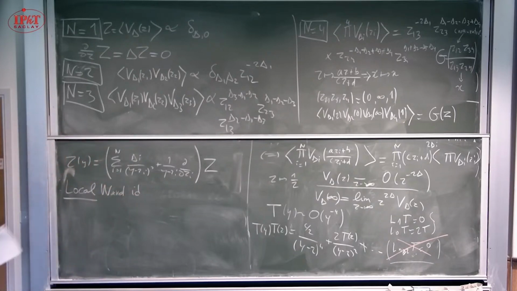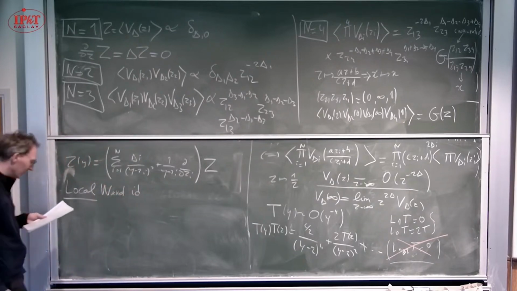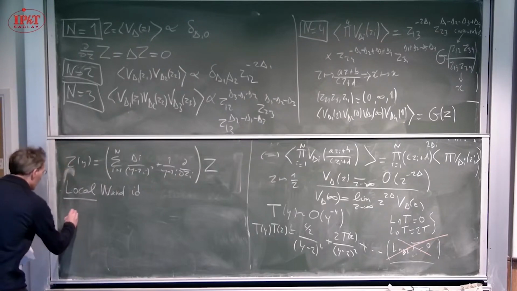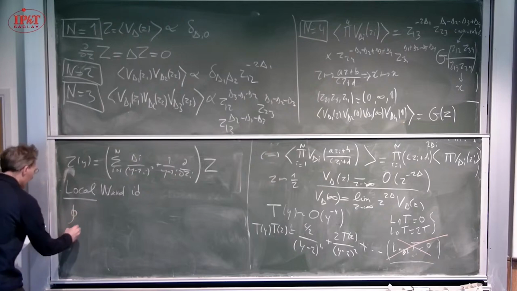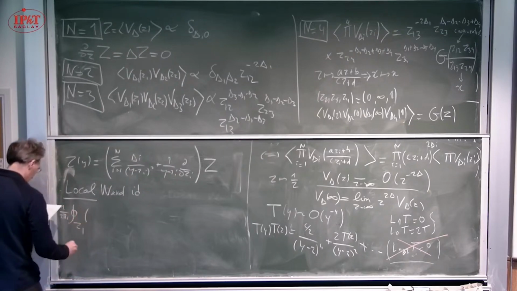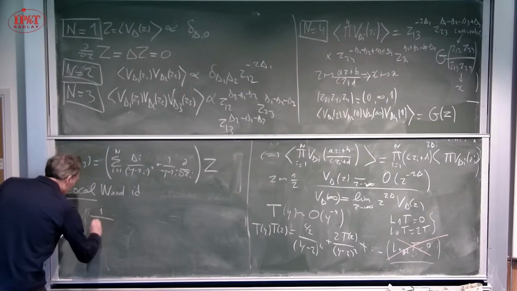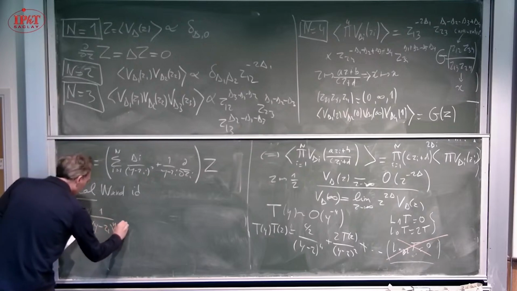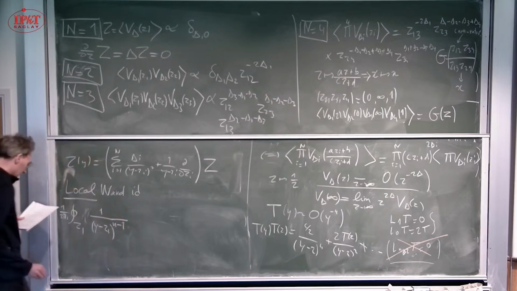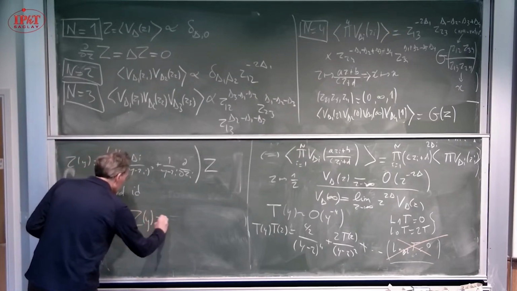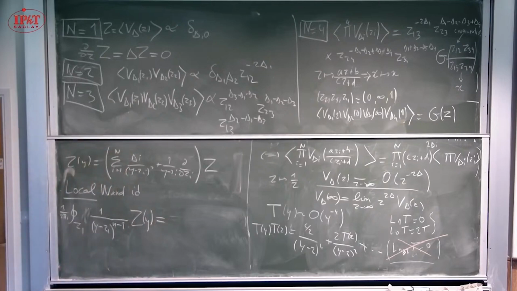So this Z of y is still very useful to derive local Ward identities. And to do that, I can compute the integral around Z1, let's say, of (1 minus y) over (y minus Z1) to the n minus 1, times Z of y. I have two ways to compute this.